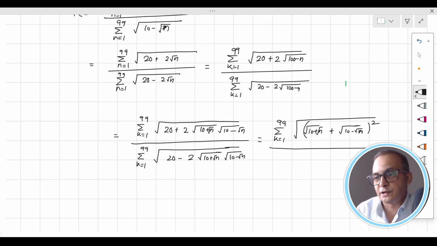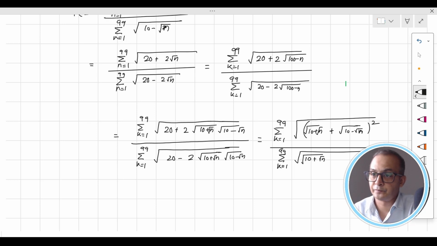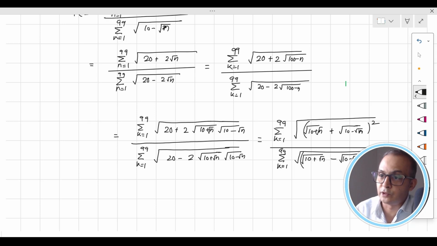In the denominator, you get the negative in the middle, so you get a minus b the whole square, and that is not difficult to understand. This is going to be this, and minus the square root of 10 minus root n, and the whole square.